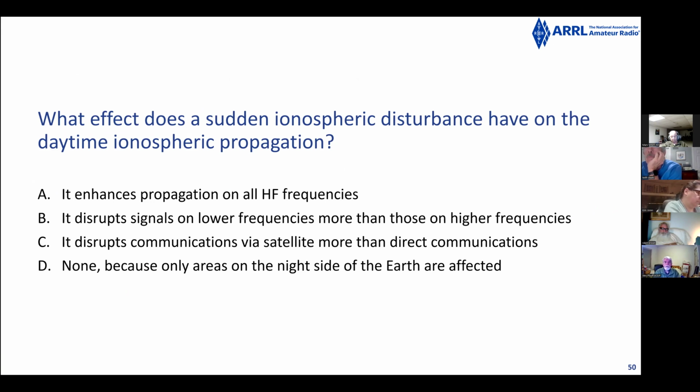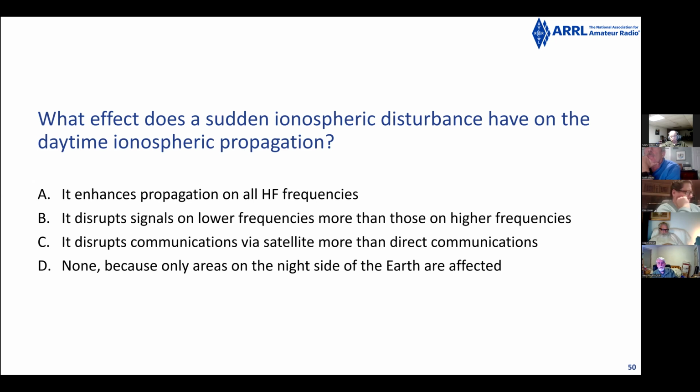What effect does a sudden ionospheric disturbance have on the daytime ionospheric propagation? A, it enhances propagation at all frequencies. B, it disrupts propagation at lower frequencies more than at higher frequencies. C, it disrupts communications via satellite more than direct communications. Or D, none, because only areas on the night side of the Earth are affected.